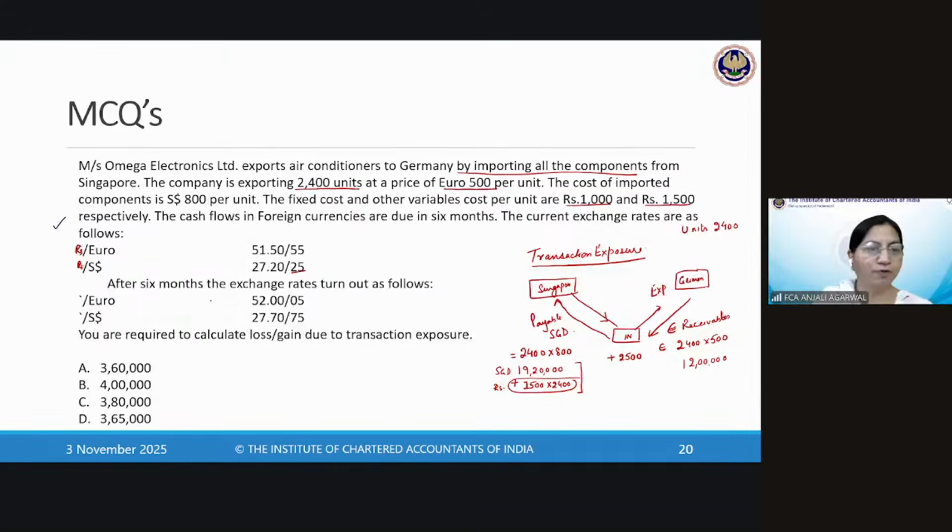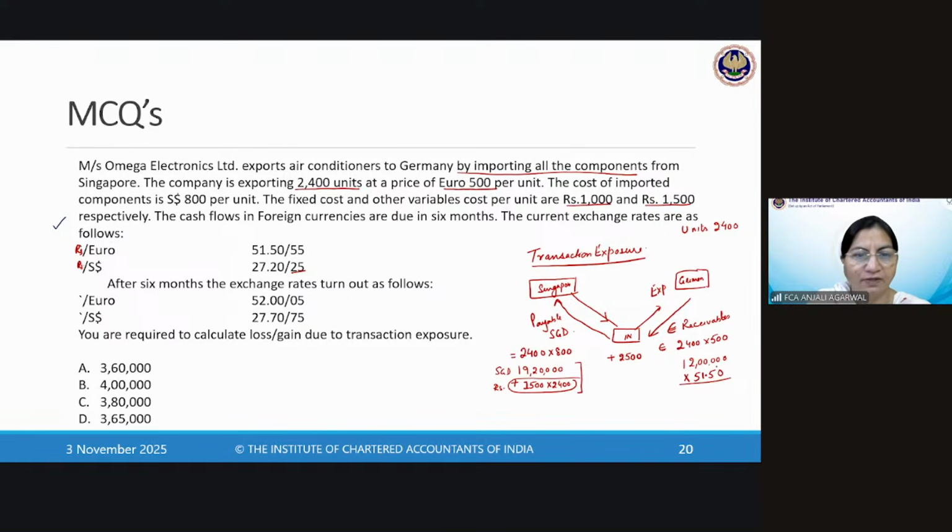What is your inflow? 1 euro will give you 51.50 and 51.55. So 12 lakh euros would be sold and they will give you 51.50 rupees.